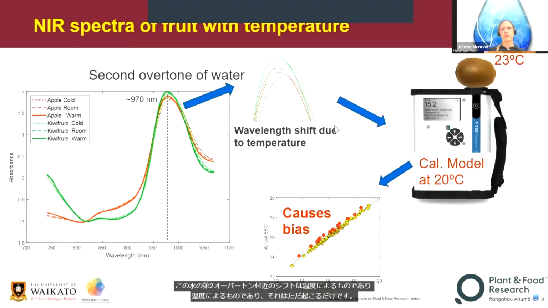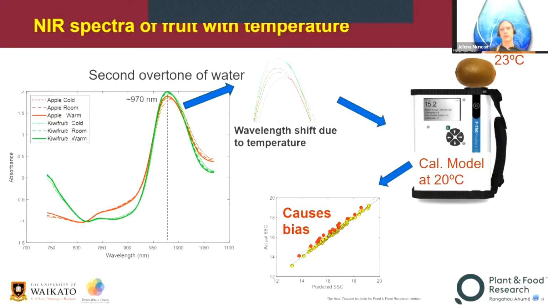So this wavelength shift around the second overtone of water is due to temperature, and it happens only at the water band. So when a model is made at one particular temperature and you measure a sample at a different temperature, there is a bias, and this bias gives incorrect readings.